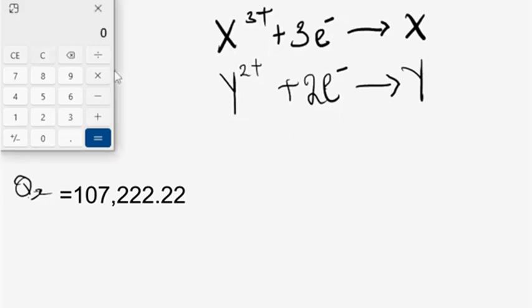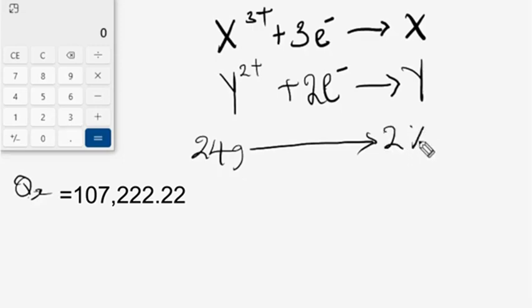So we are going to say for Y, we are given the atomic mass of Y to be 24. So this means 1 mole of the Y, which is this atomic mass of 24 grams, will actually require 2 times the Faraday constant.